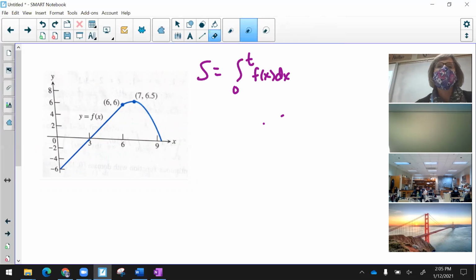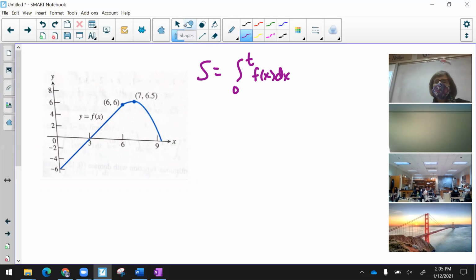We're supposed to use the graph to answer the following questions. This is very typical of a question that you will get on the AP exam. It is very important to remember that what is graphed is f of x, not s.